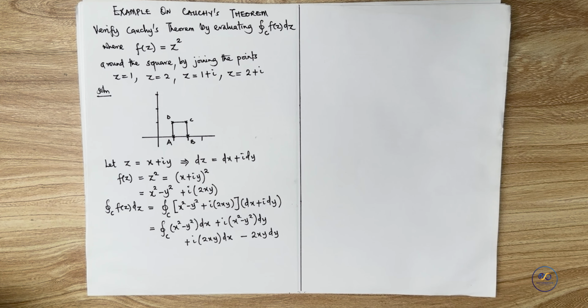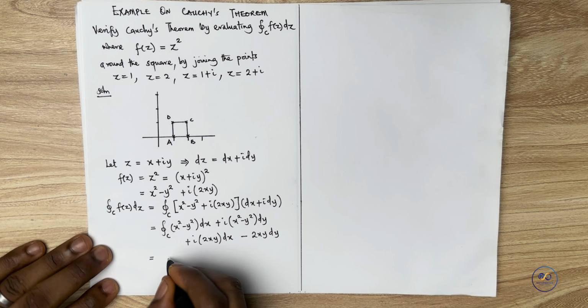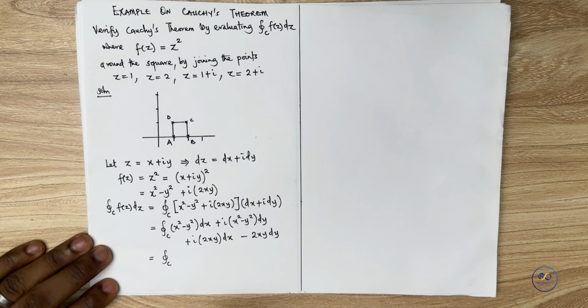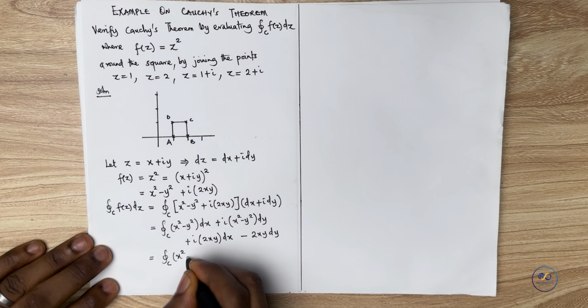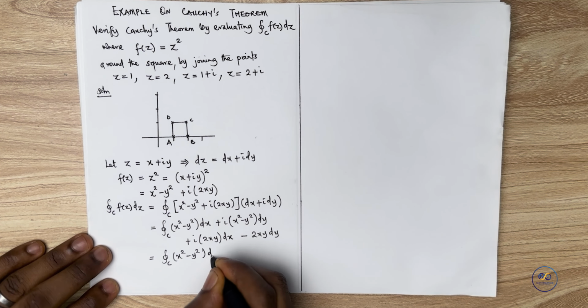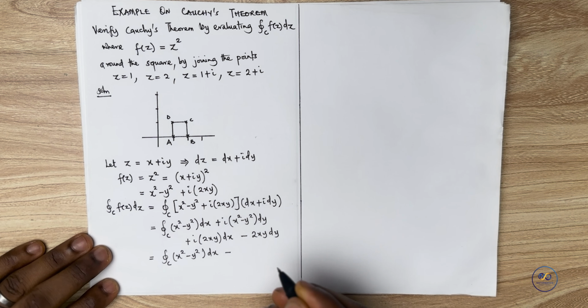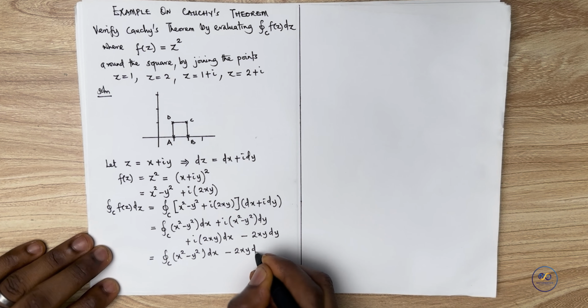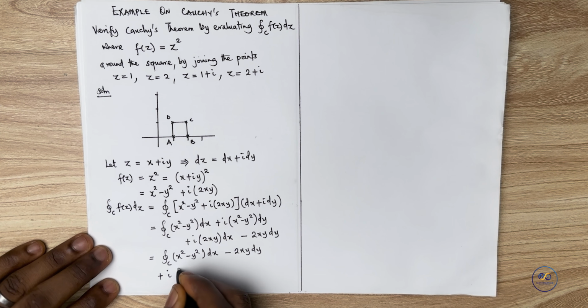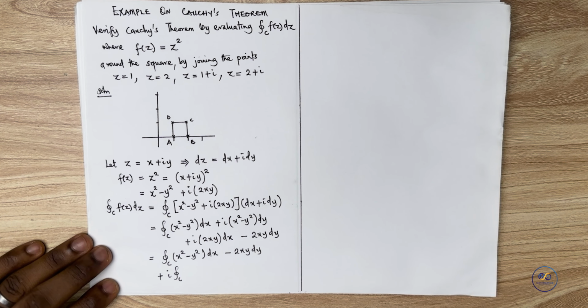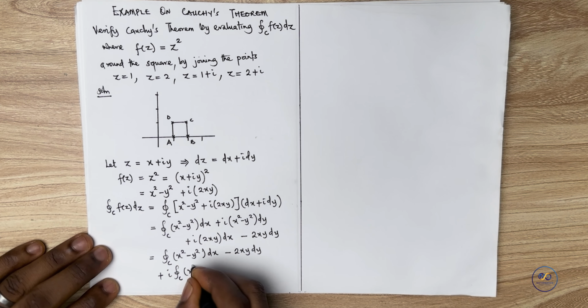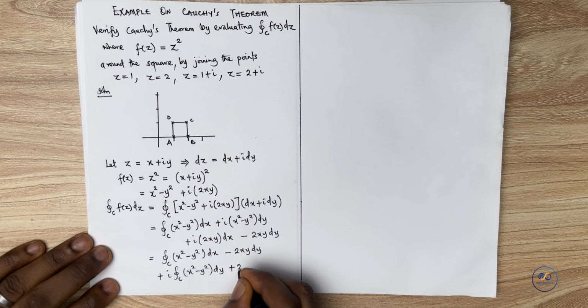Now, if we collect like terms, we would have the integral over c for the real part of the integral, x squared minus y squared dx minus 2xy dy, and then plus i times the integral over c for the imaginary part, x squared minus y squared dy plus 2xy dx.